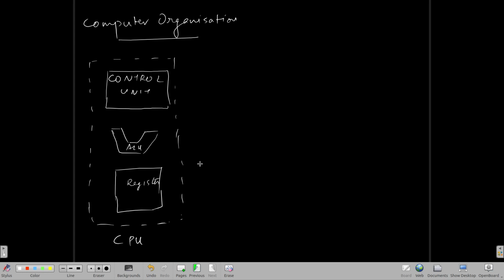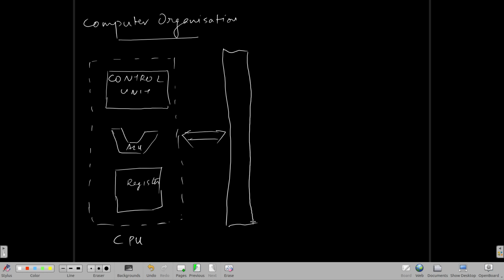Okay, this communicates with the outside world with what is called a data bus. So what do we mean when we say outside world? We have our memory.